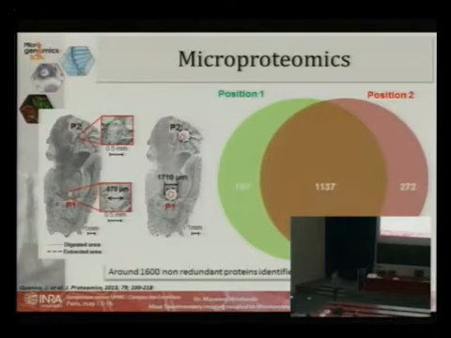You have the comparison between the two positions, and from only one analysis we obtain 200 proteins specific to position 1, and less than 300 proteins specific to position 2.